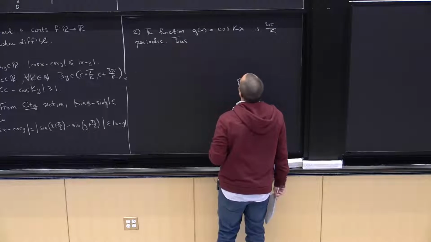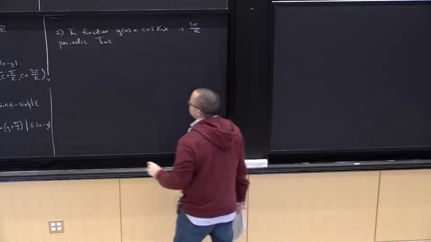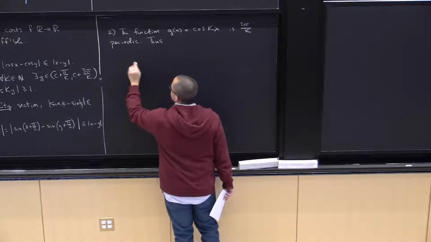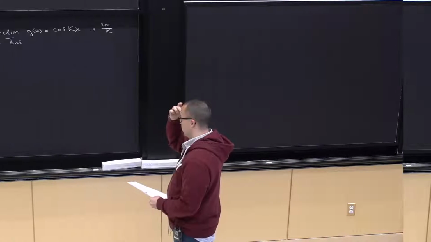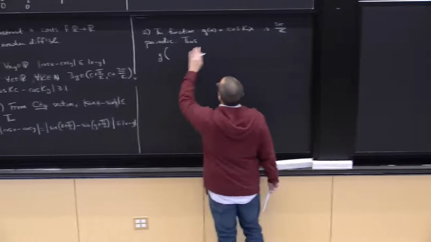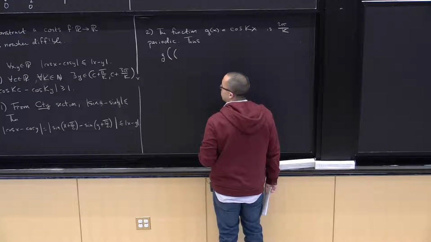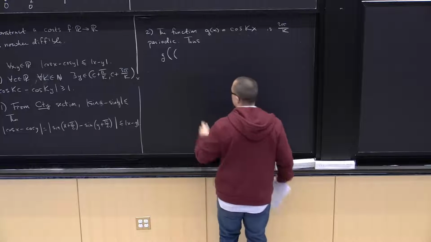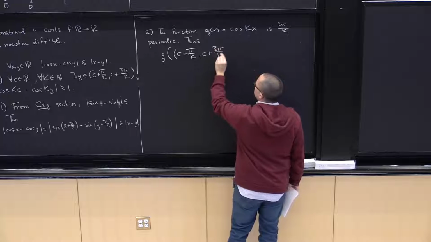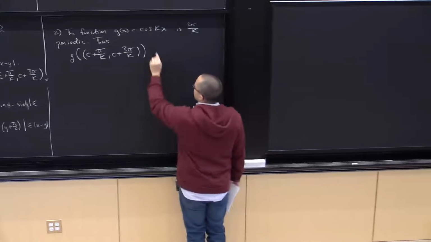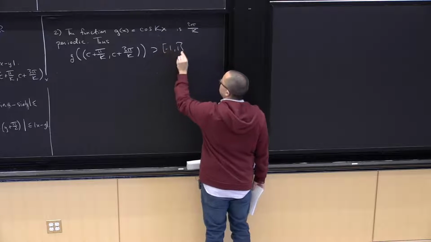Thus, if I look at the image of this interval under the function g of x equals cosine kx, this will contain all of the real numbers between minus 1 and 1.